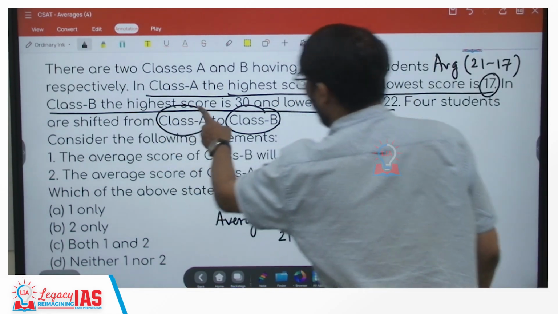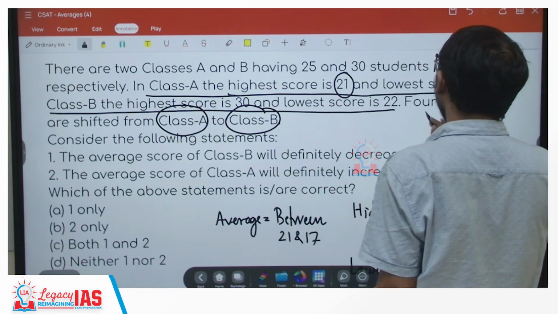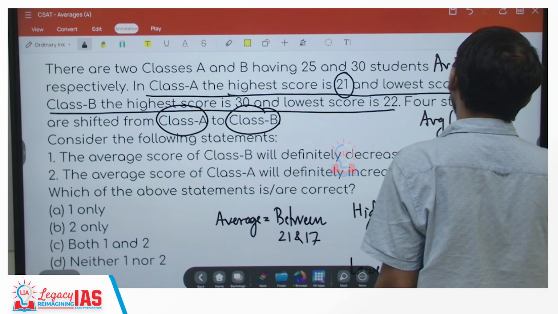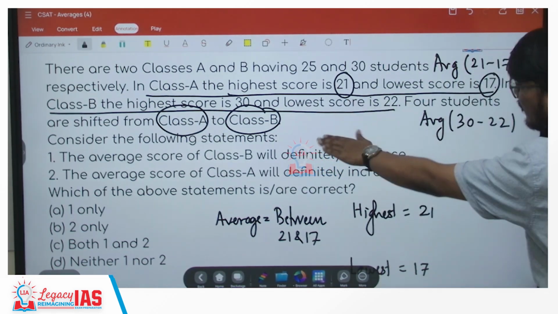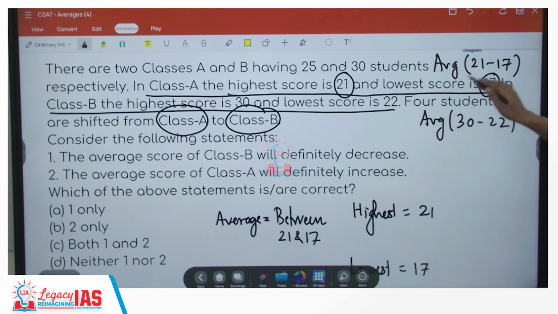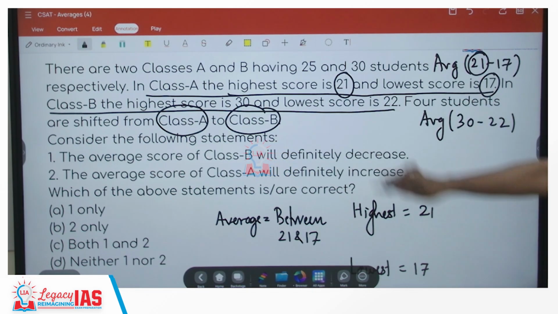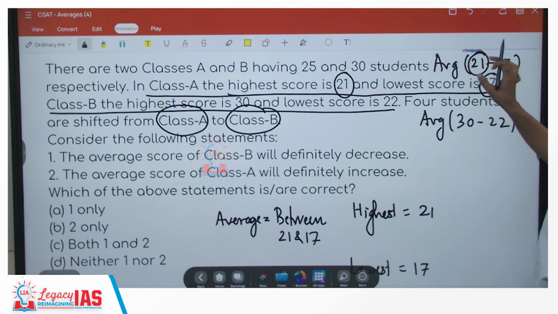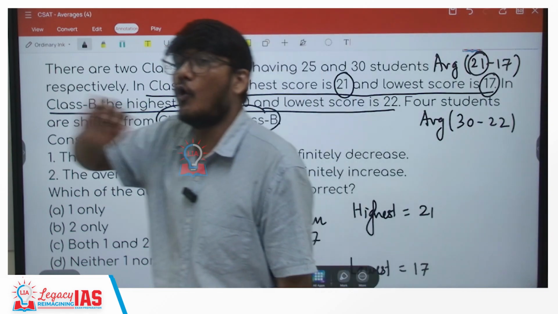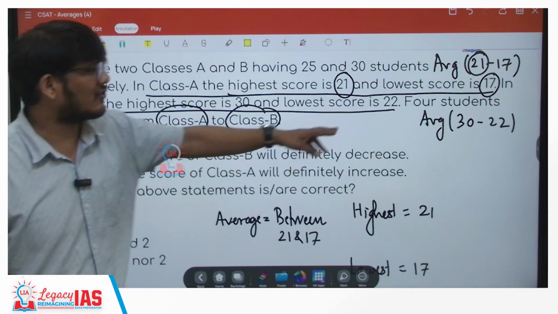Since class B has highest 30 and lowest 22, class B's average would be between 30 and 22. That means class B's average itself is higher than the highest score in class A. So it is safe to assume that class A has a lower average than class B.